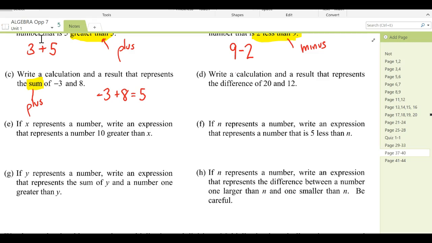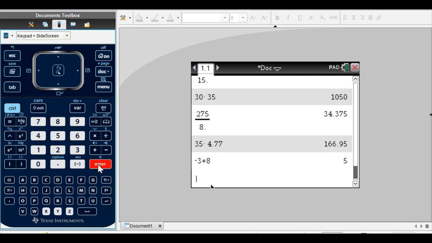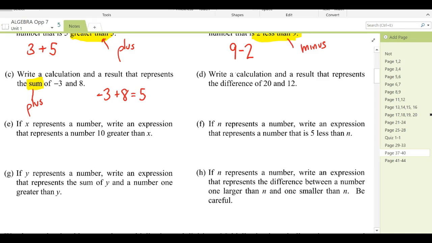Overall, I've got $5 because I got to pay 3 out. Does that make sense? So that's how I got positive 5. If worse comes to worse and you can't do that in your head, you've got a calculator. Negative 3 plus 8. 5. We're good to go.